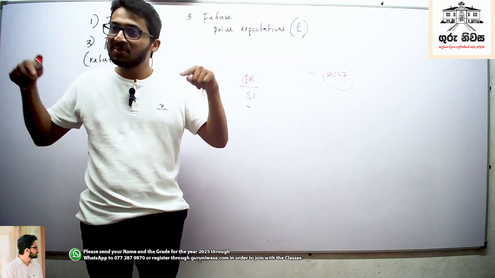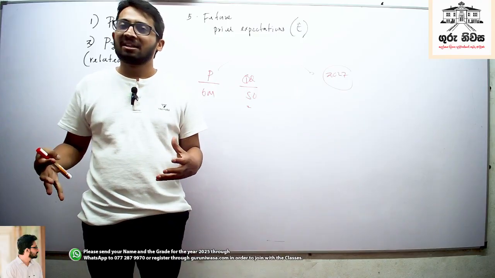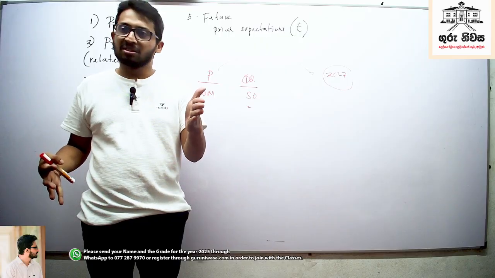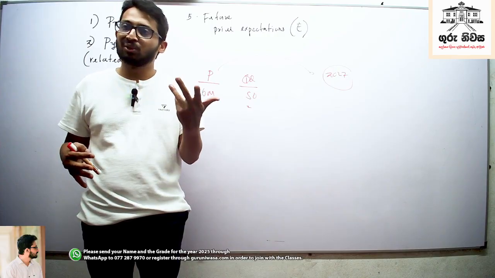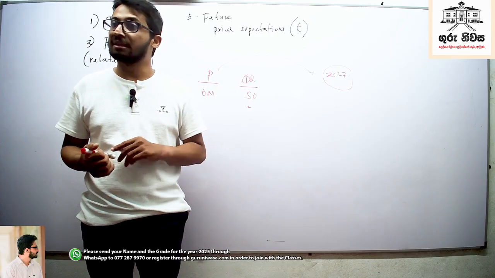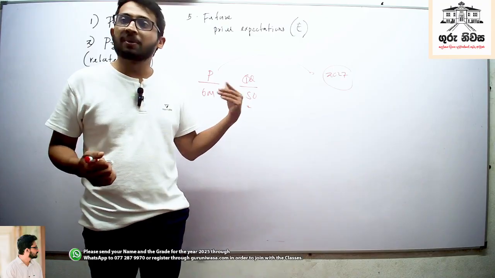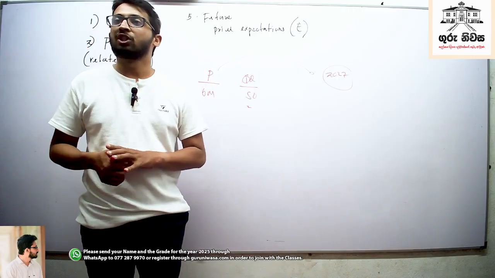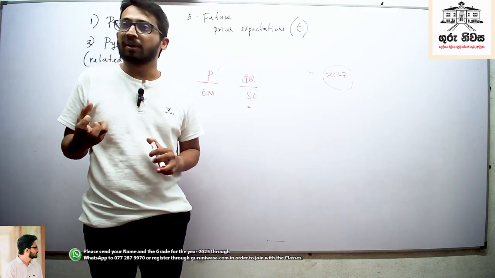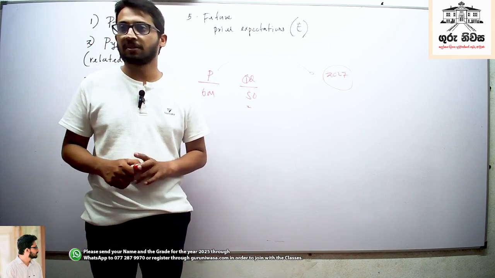Then what will happen today? Demand will increase. Many people will come and wait in long queues to buy 1, 2, 3 liters of petrol. Understand? So future price expectation can directly affect today's demand. Did you get the point?